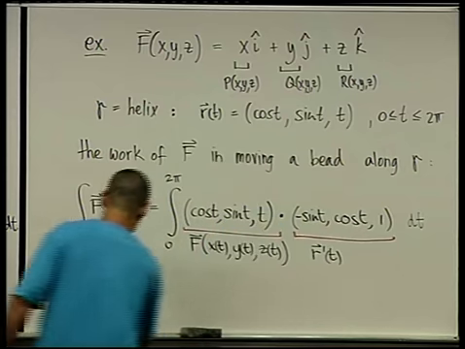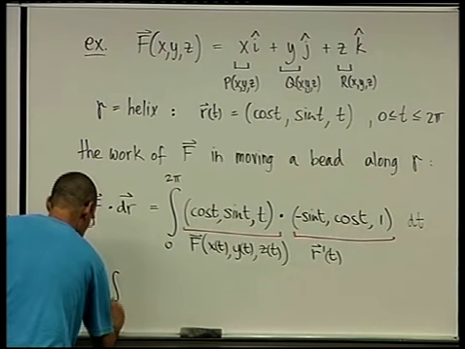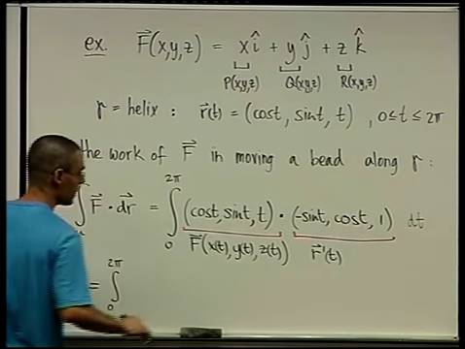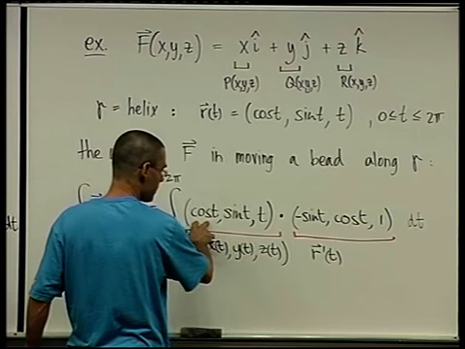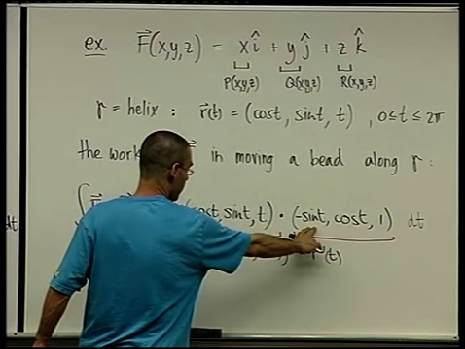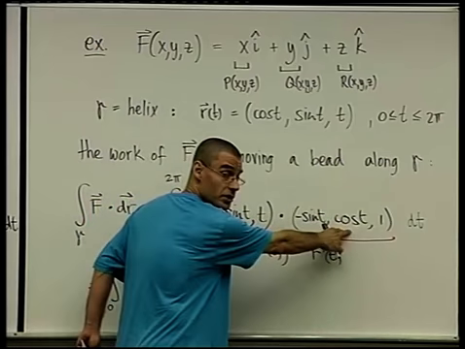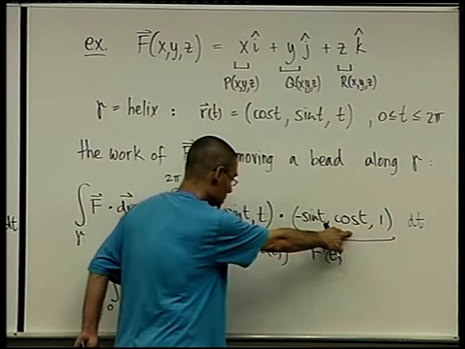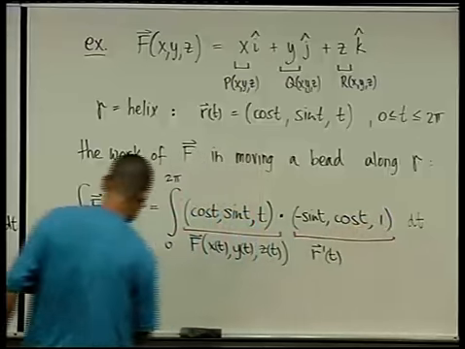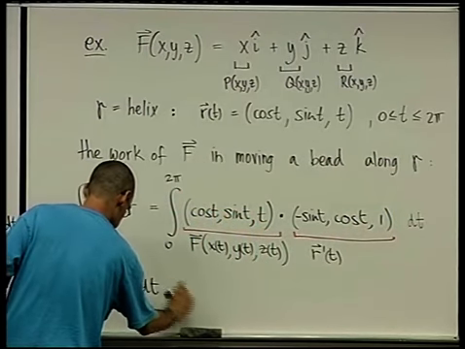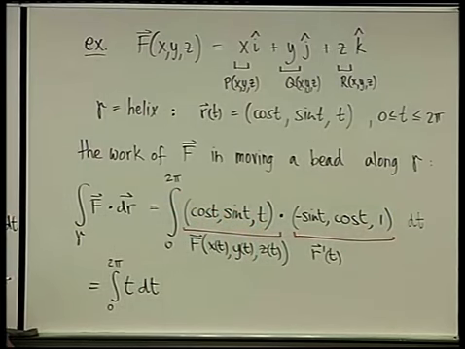Okay, what do we get? The integral from 0 to 2 pi of minus sine t cosine t plus sine t cosine t, that's 0, plus t. Simple example.